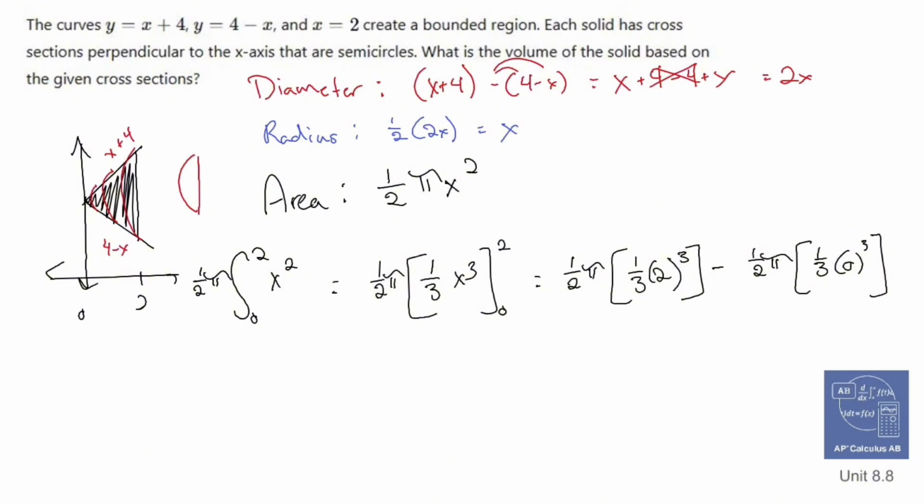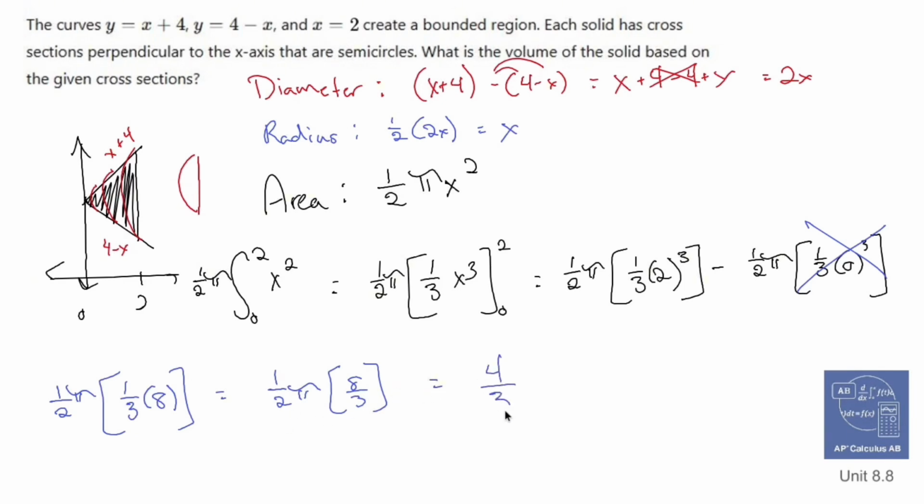Nice thing about this problem is the second part goes away, and we are left with 1/2 pi times 1/3 of 8, which is 1/2 pi times 8 over 3, and that simplifies to half of 8 over 3, which is 4/3 pi. That's how you do it.